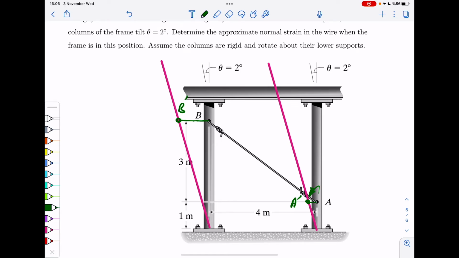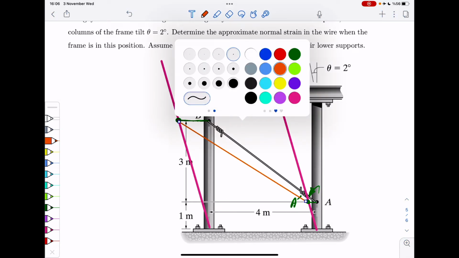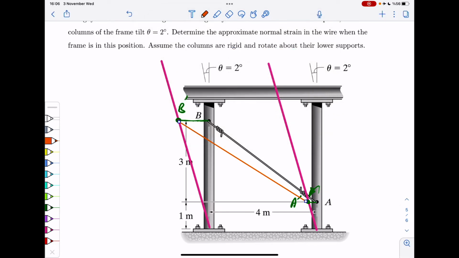So there is A prime there, there's B prime there, and then there is the new cable itself, or the new wire. That is A prime B prime, okay? So if you have the length of A prime B prime minus AB divided by the length of AB, that would be the strain, or the epsilon, that we are looking for.